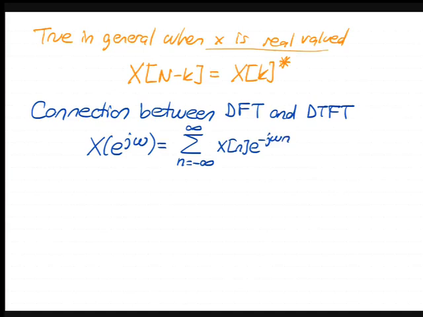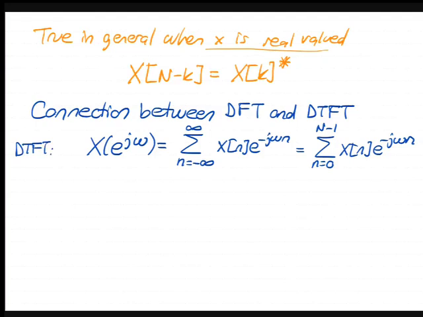Now, I'm dealing with an x of n that is of finite length. It starts at n equal to 0, ends at N minus 1, right? So that means this is equal to the sum from 0 to N minus 1, because outside of this interval, x is 0 anyway. So that's our DTFT.